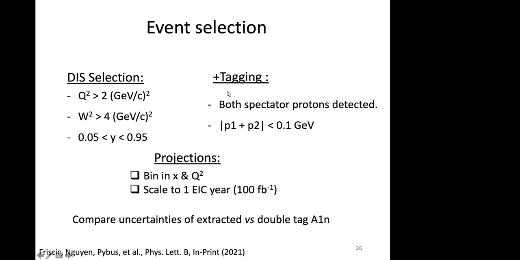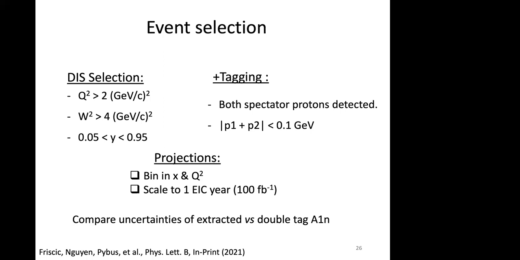With it, we have the A1N asymmetry directly. Then we compare the uncertainty of the two methods to show that the direct measurement using double spectator tagging has a significantly smaller uncertainty compared to the traditional method of extracting A1N.